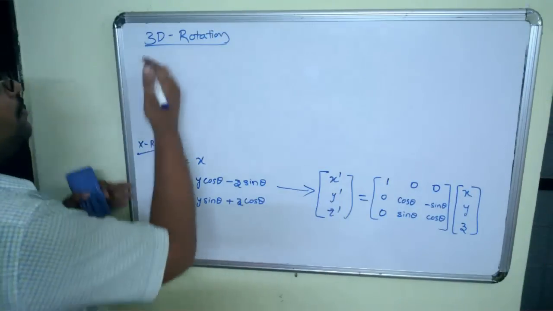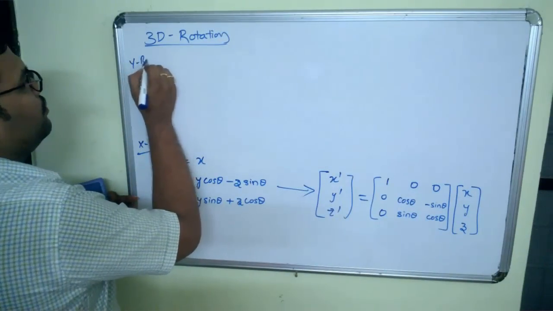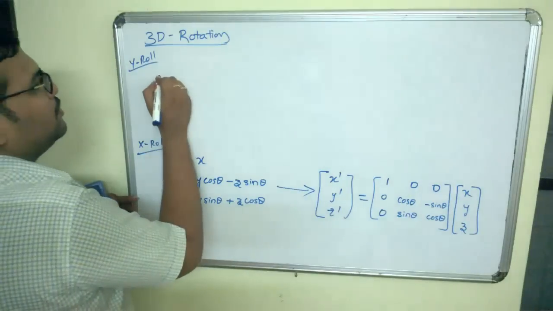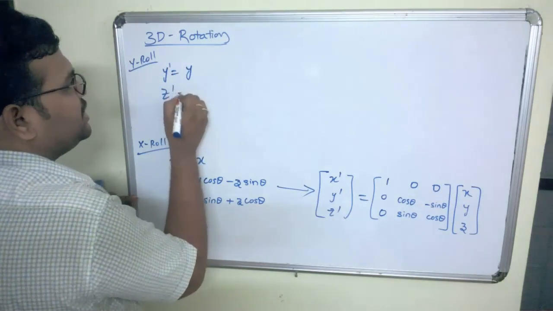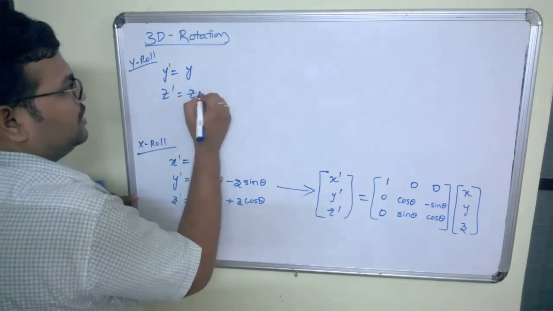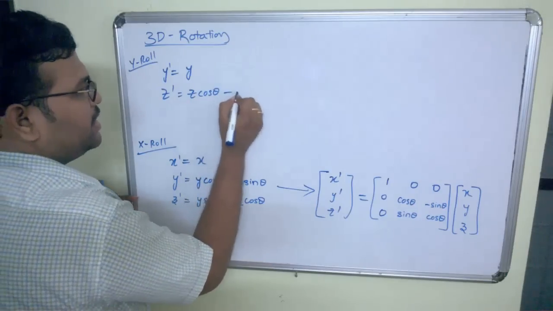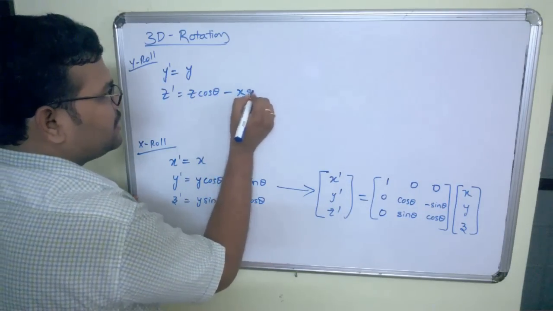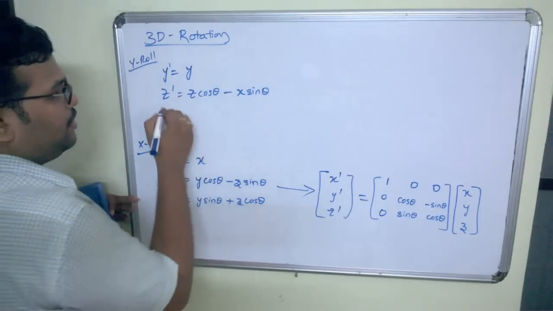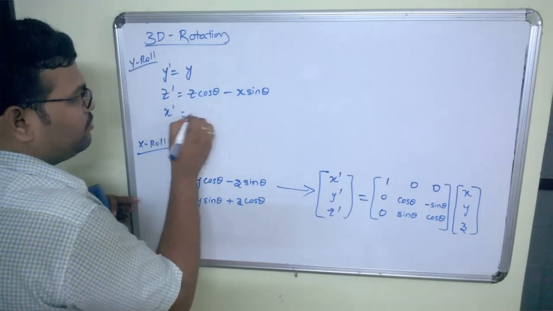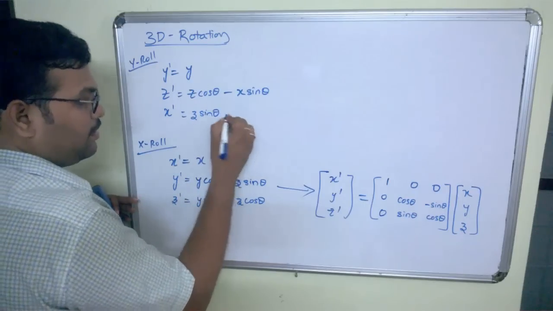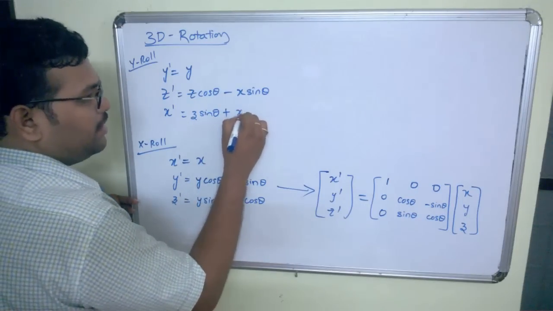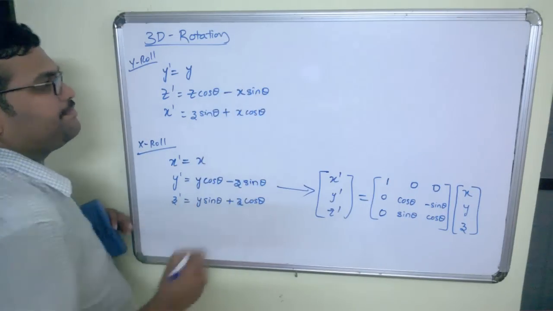Now let us write the formula for y rot. So y dash is equal to y, z dash is equal to z cos theta minus x sin theta, x dash is equal to z sin theta plus x cos theta.